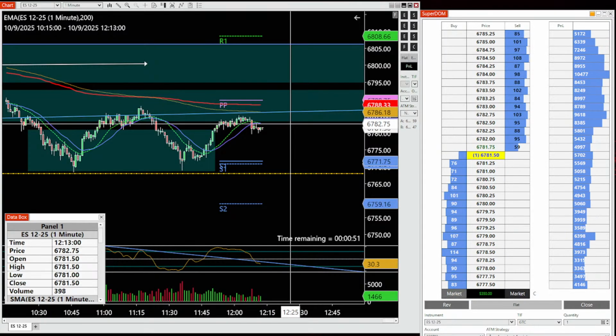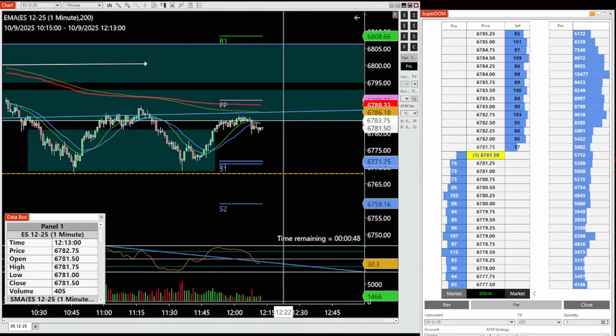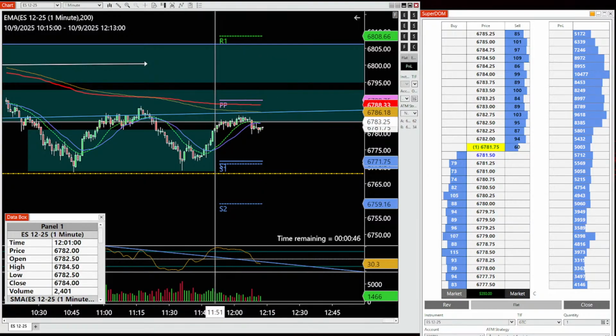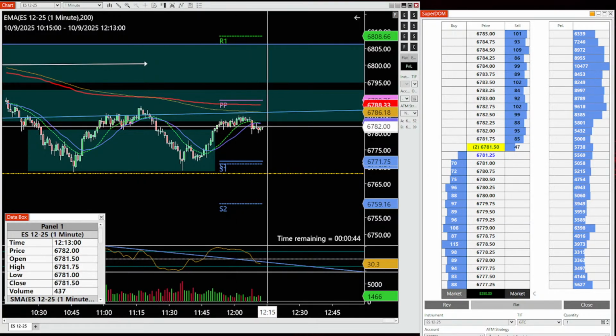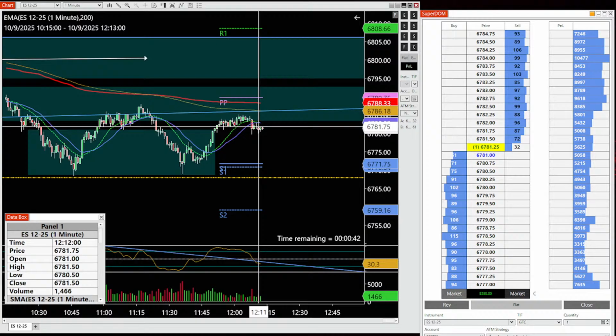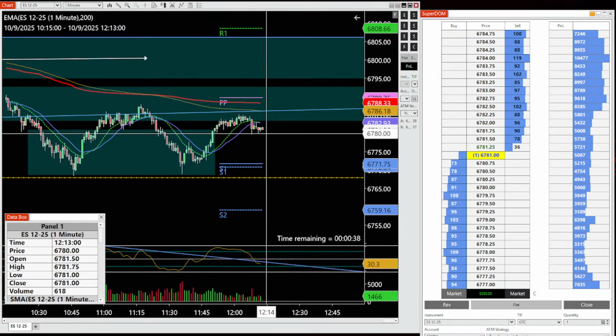Lower lows, 82, open up. Lower lows or head and shoulders, cup and handle. Which one?